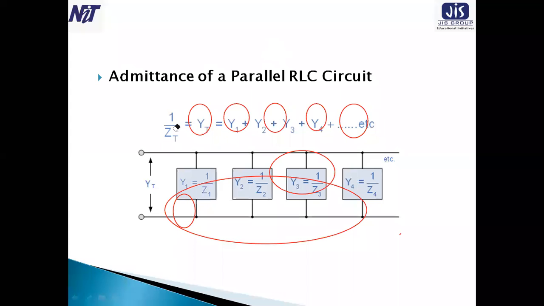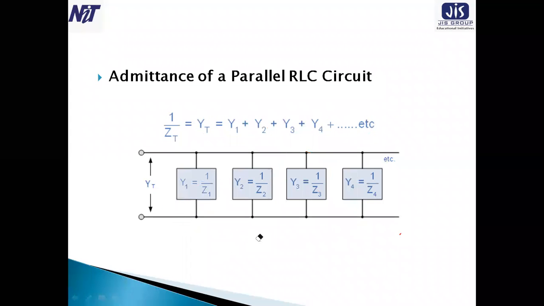Now the question is, how can we find the admittance of a parallel RLC circuit? First you have to understand the relation between the admittance and the impedance. We know that Z equals 1 by Y. This Y is called the admittance.